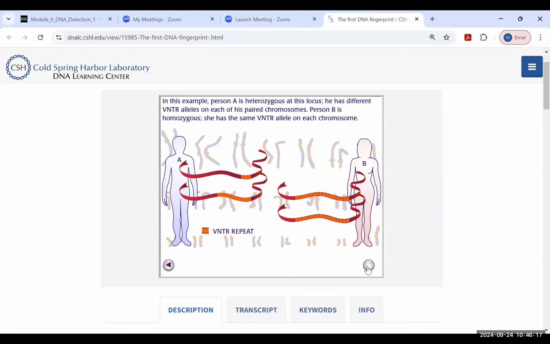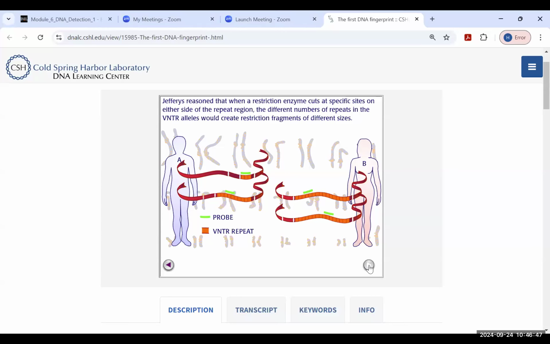So in order to differentiate between A and B, what you need to do is simply extract DNA from those 2 people, and then digest the DNA. The probe that you will use is going to be specific to those repeats. So the probe will detect those 3 repeats on A or on B. After digestion, you will have a different pattern of the DNA around this site.